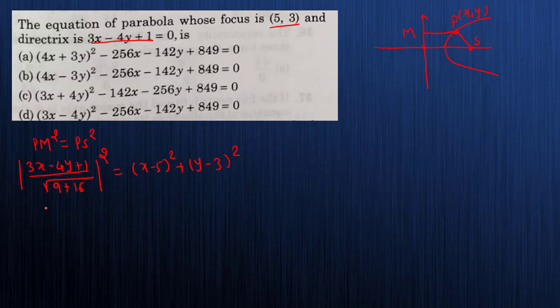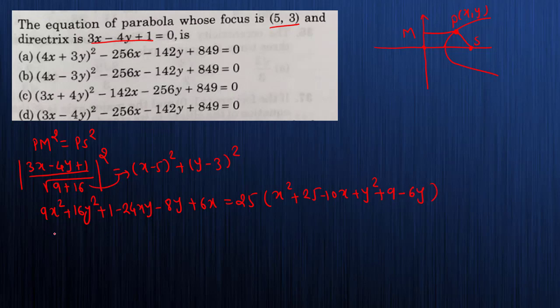So what will you get? This becomes 9x square plus 16y square plus 1, a square plus b square plus c square plus 2ab, which is minus 12 into 2 which is minus 24xy. Then you will have minus 2y into minus 2 into 4y, that is minus 8y, plus 6x, equals c, whose square is 25, 25 in bracket, it went here. So open this. So you will have x square plus 25 minus 10x plus y square plus 9 minus 6y.